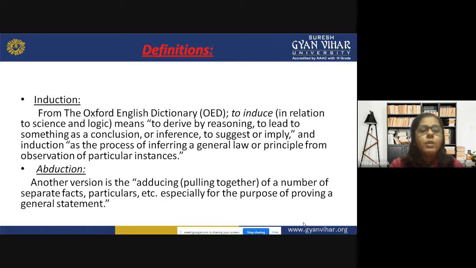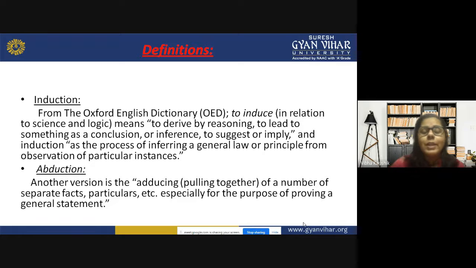Now, the definition from the Oxford English Dictionary: to induce means to derive by reasoning, to lead to something as a conclusion or inference, to suggest or imply.